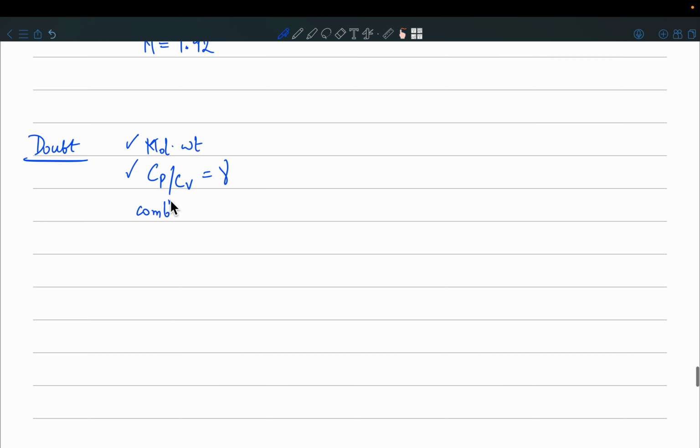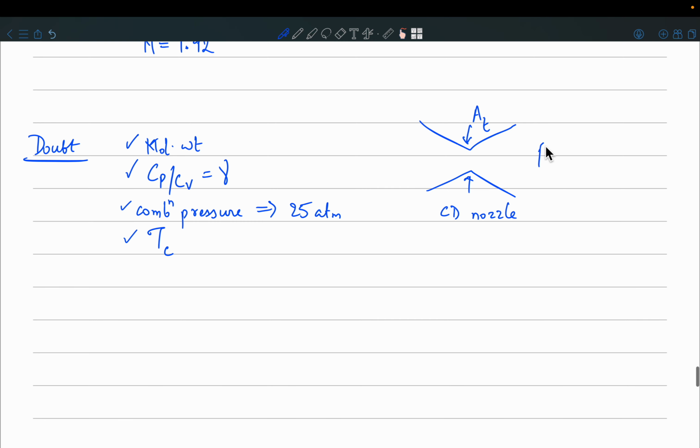Okay, combustion pressure is something. Okay, 2580. R.